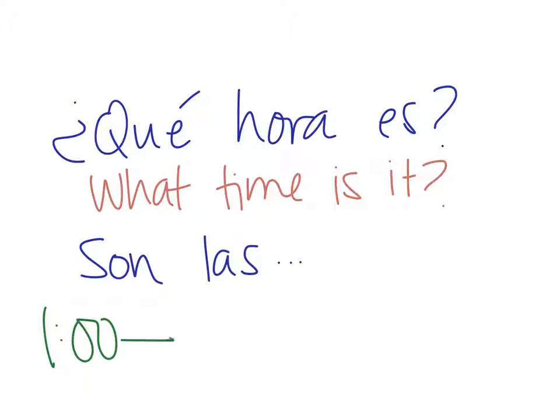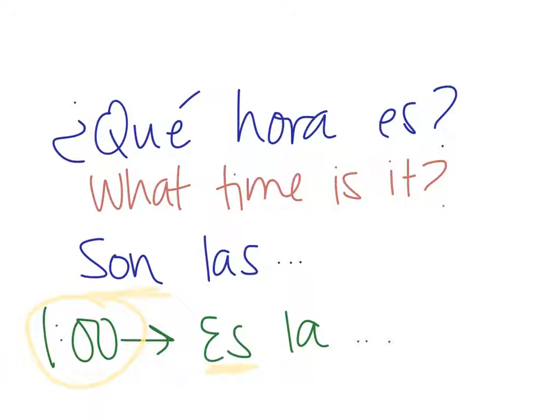When it's 1 o'clock, you say es la. So you notice the difference there is the verb. We have son and we have es. Well, that's because this 1 o'clock here is singular, that's 1 hour, as opposed to all of the other hours, which are more hours, technically. So that's how you would answer. We'll look at some more examples of those in a little bit.